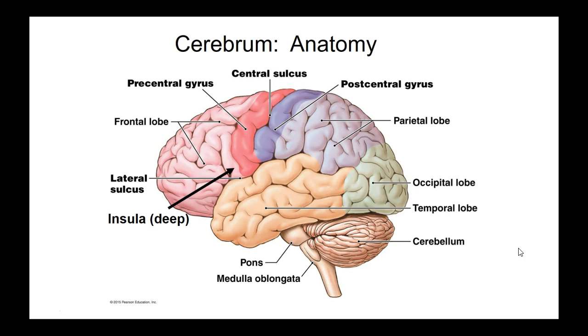If we pull apart the lateral sulcus, we can see the insula in there. So that's where the insula is located. The occipital lobe is in the back, and then we have the cerebellum down here, and the brainstem, which includes the pons and the medulla oblongata.